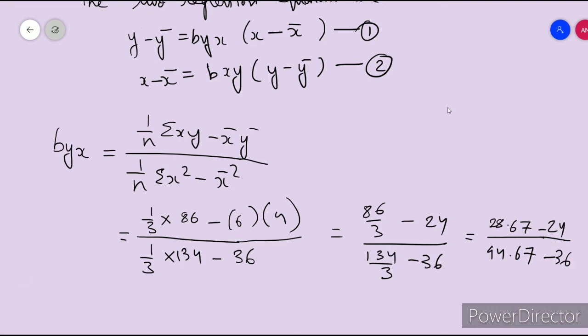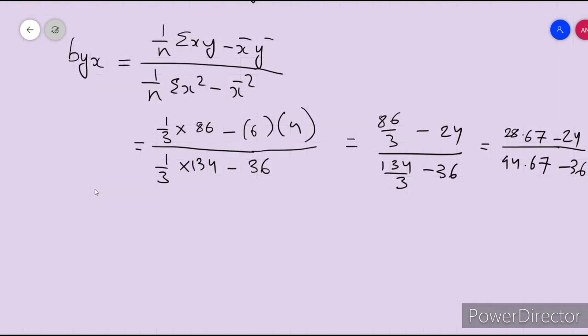So this gives us the value of 4.67 divided by 8.67. So the regression coefficient of y on x is 0.54.